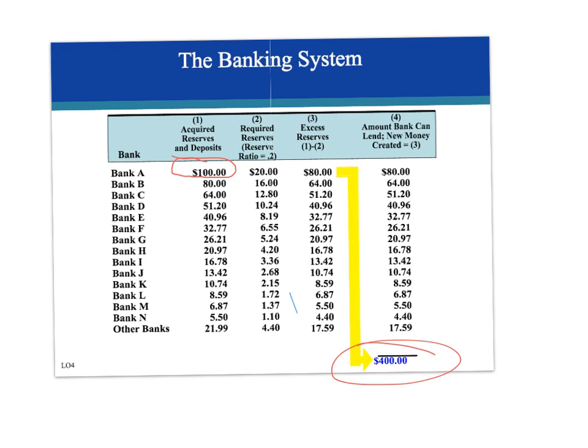Now let's say the process stopped at Bank D, then only $40.96 was created. But as long as customers keep depositing their money in a bank along the way, then $400 can be created.